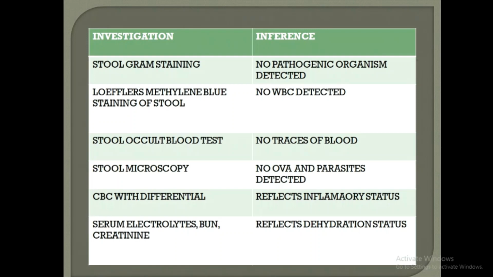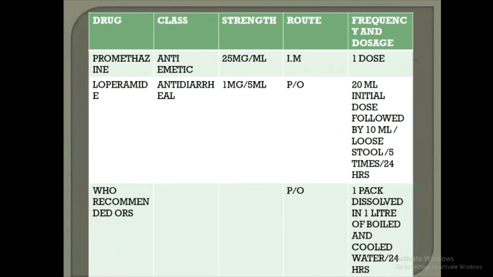Electrolytes, blood urea nitrogen, creatinine are needed for dehydration status and electrolyte loss assessment. He gave the patient 1 dose of antiemetic promethazine to control his vomiting, loperamide syrup to control diarrhea, and oral rehydration solution to replenish fluid and electrolyte losses.